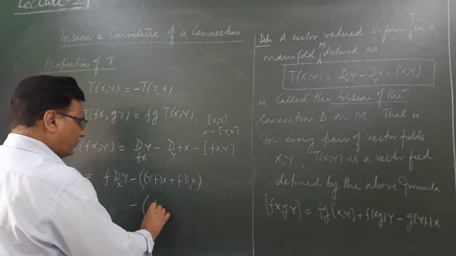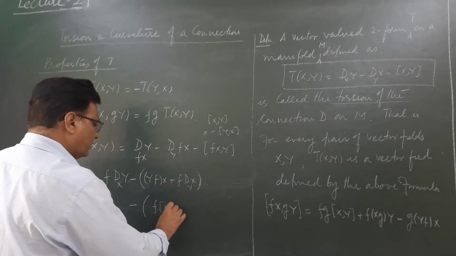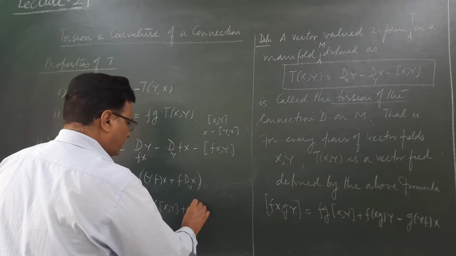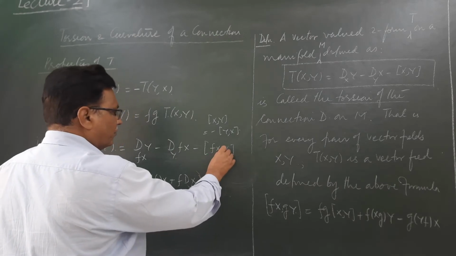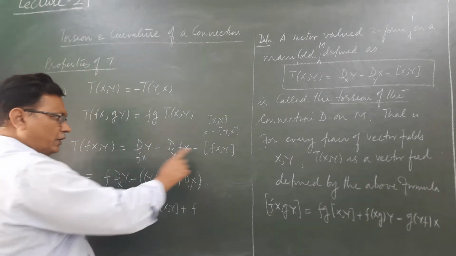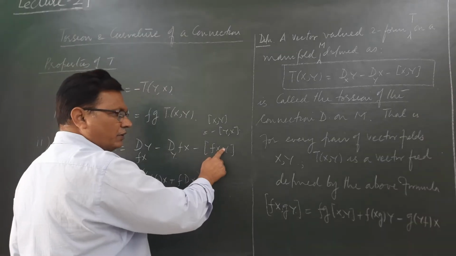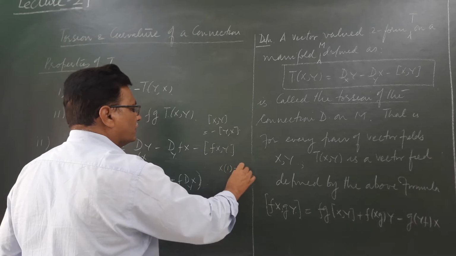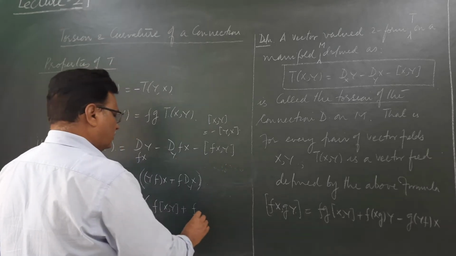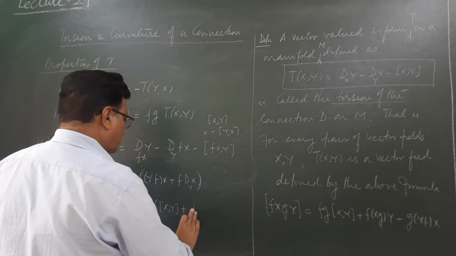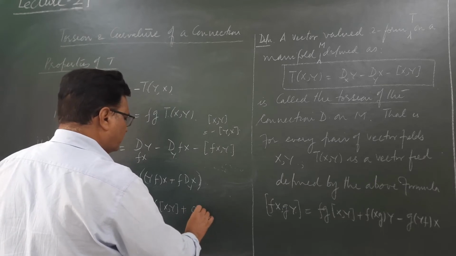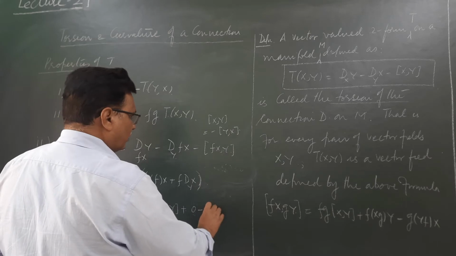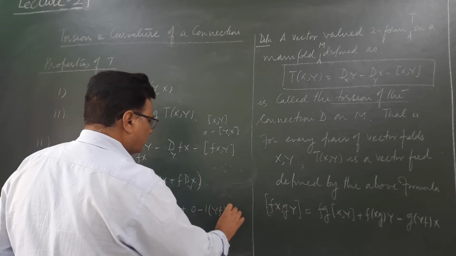It is f times Lie bracket [X, Y], then plus f operating on X(g), but g is 1. So, X operating on 1 will be 0. Is it right? X operating on a constant function is 0. So, the second term will go off, and then you have minus g, that means 1, times (Yf) X.